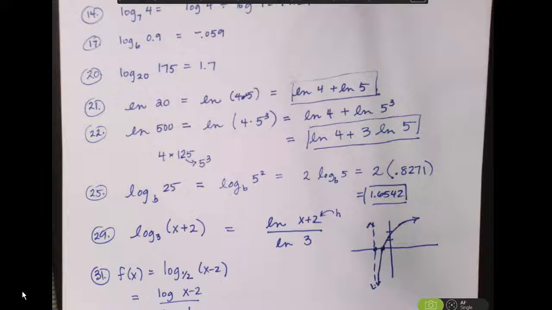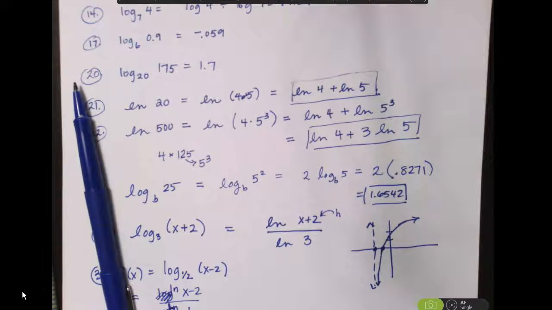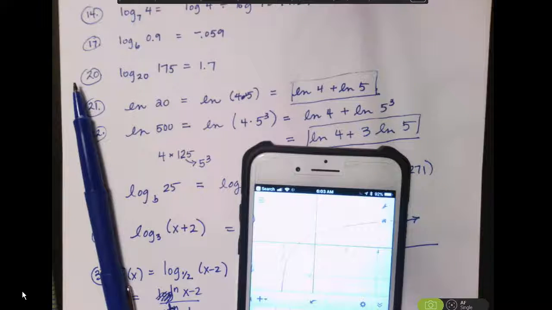And apparently in this section, we want to use natural log. So let me correct that. Okay, so now let me put that in. There's x minus 2, and there is 0.5.